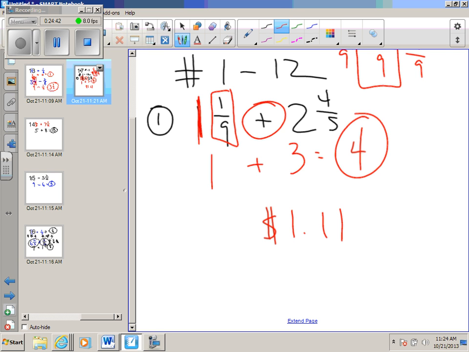Would you say you have closer to $1 in your pocket or $2? 1. But if you had $1.78, would you say you're closer to $1 or 2? 2.